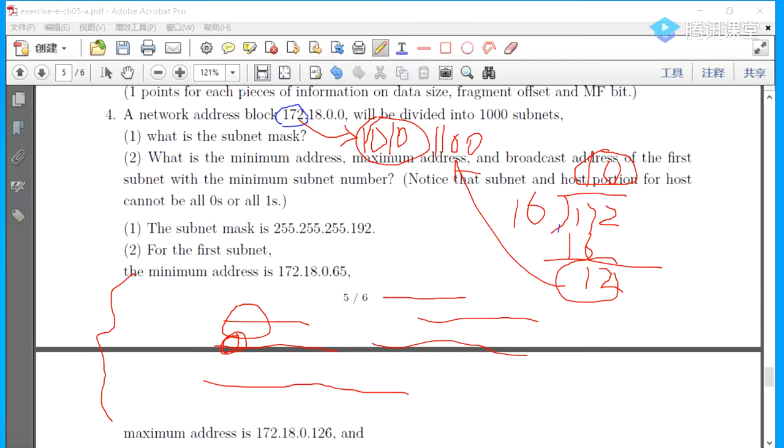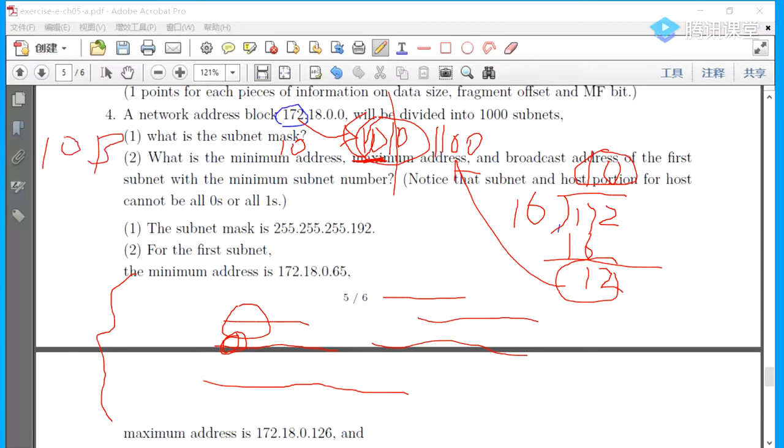So we can get that the first 2 bits are 10. Since the beginning 2 bits are 10, what class is this network address? It is a B class.